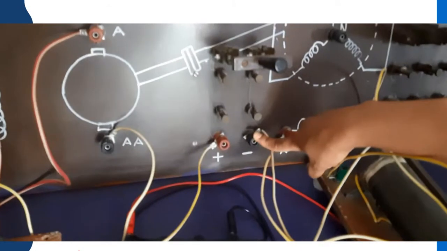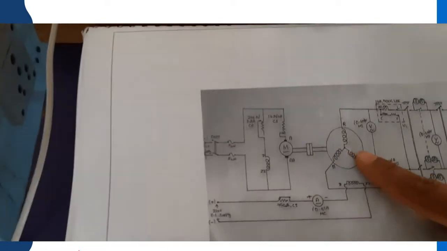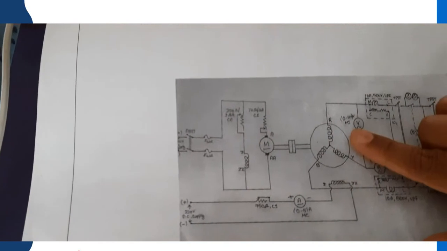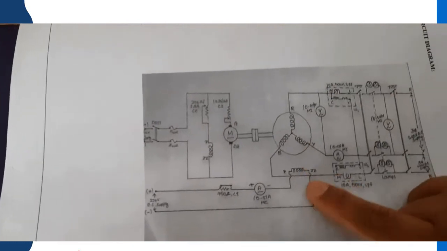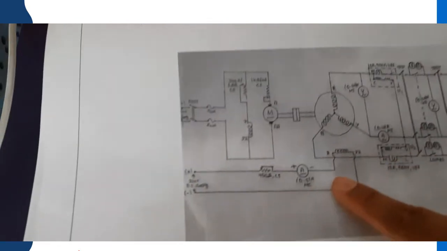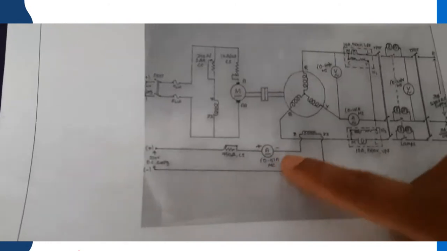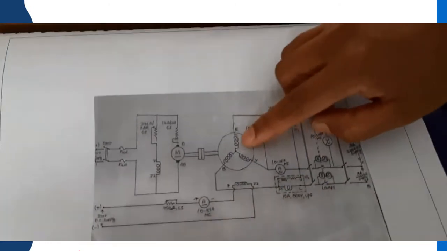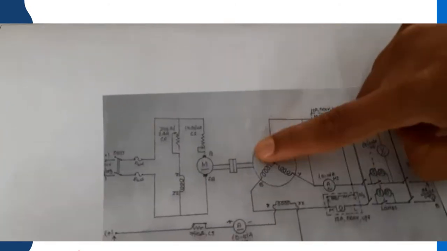I am using a DC ammeter. From the ammeter it will go to the field and the field back to negative. So the DC motor is coupled to the synchronous motor, and the field winding is supplied with a DC supply via a rheostat and an ammeter to measure. Next is the armature part of the synchronous motor.